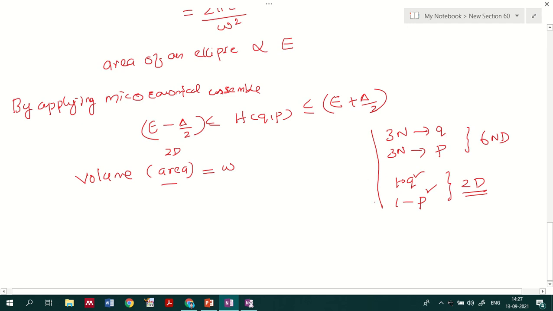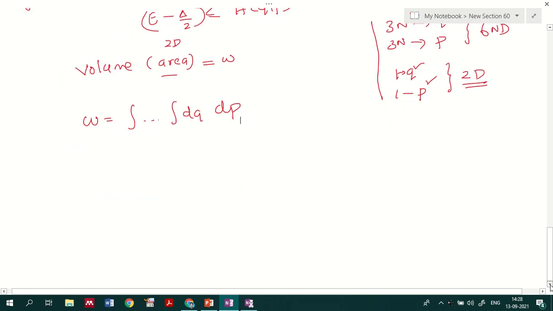In that representation we'll have omega equal to, we simply need to take dq and dp. In the last classical ideal gas we took dq raised to 3n and dp raised to 3n. Since it's 2-dimensional, we can just represent dq and dp.